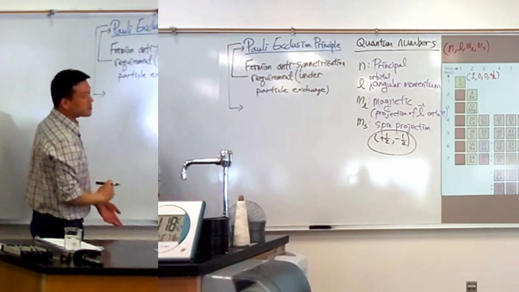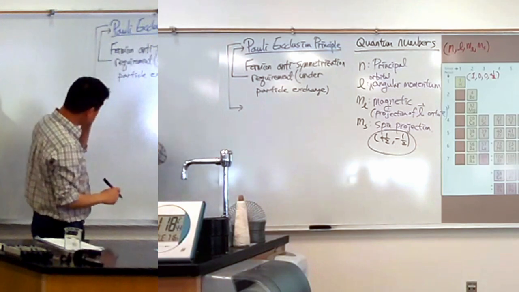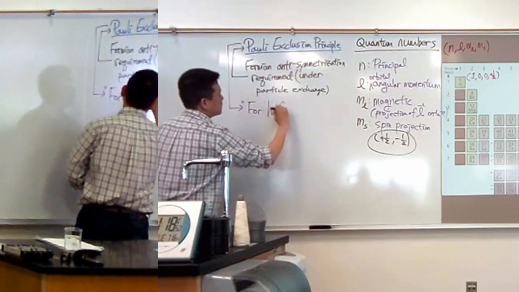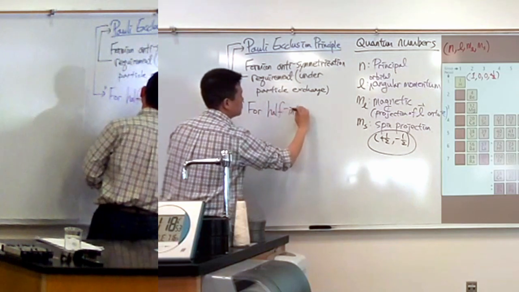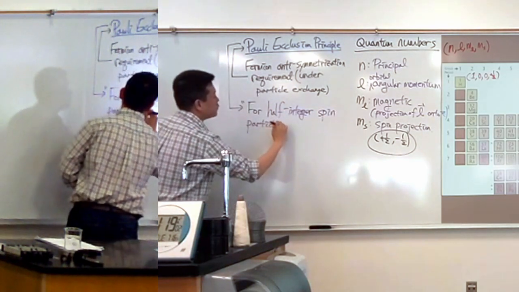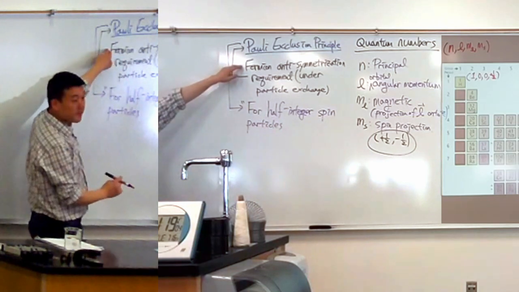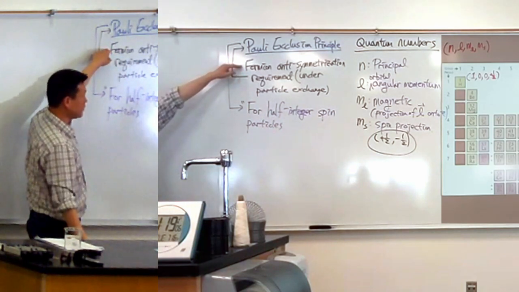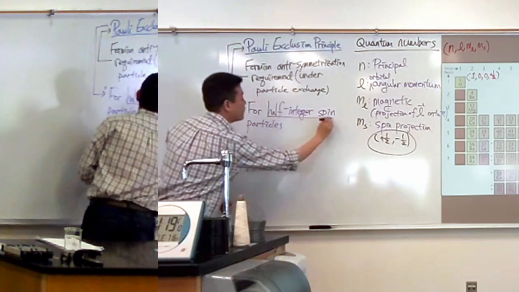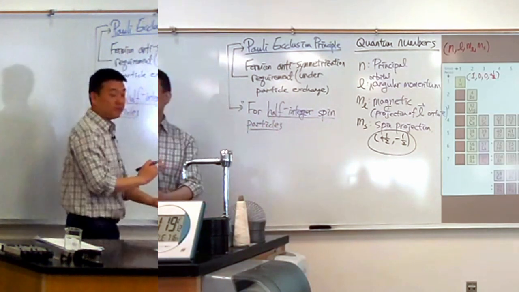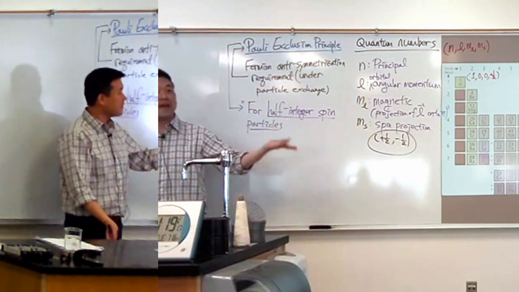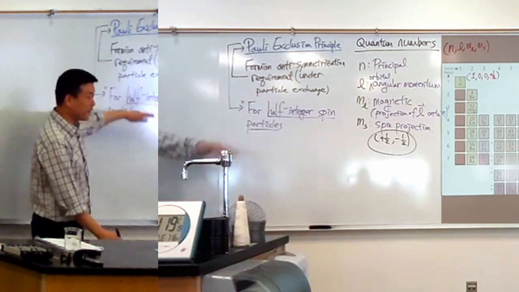So this is the statement of the Pauli exclusion principle that you can use. For half-integer spin particles, I'm just spelling out what a fermion is. And in our case, we are dealing with the electron, which is spin half. But I'm saying this to cover the possibilities of spin 3 halves, 5 halves, 7 halves. This covers all of that.